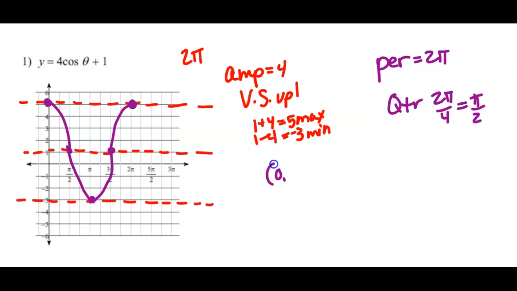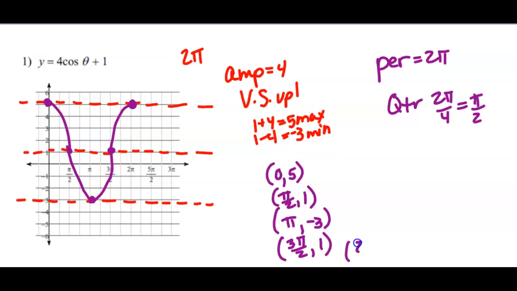So the ordered pairs are (0, 5), (pi over 2, 1), (pi, negative 3), (3 pi over 2, 1), and (2 pi, 5). If you notice, the x's are going up by pi over 2's: 1 pi over 2, 2 pi over 2, 3 pi over 2, 4 pi over 2. And the y goes max, midline, min, midline, max.